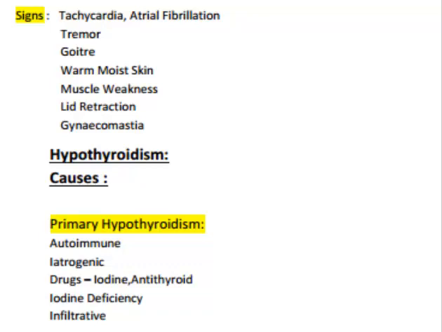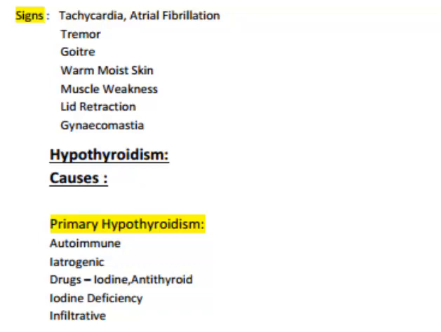A subclinical hyperthyroidism patient should be followed after 6 weeks with again TSH and FT4 measurement. Now, if both are normal, then there will be no need of further testing.